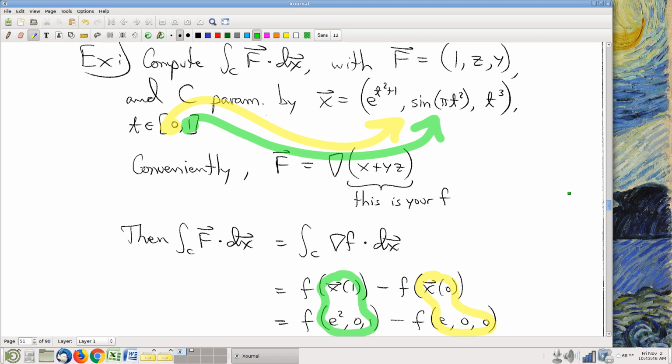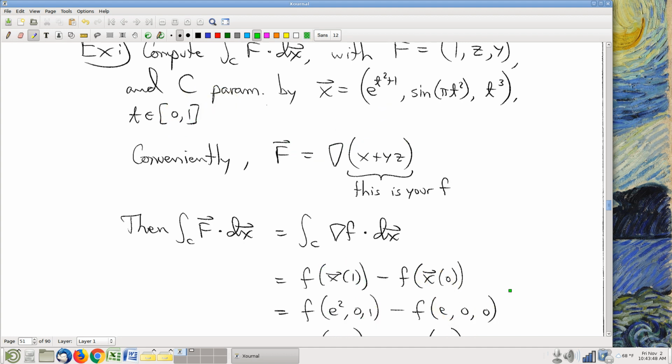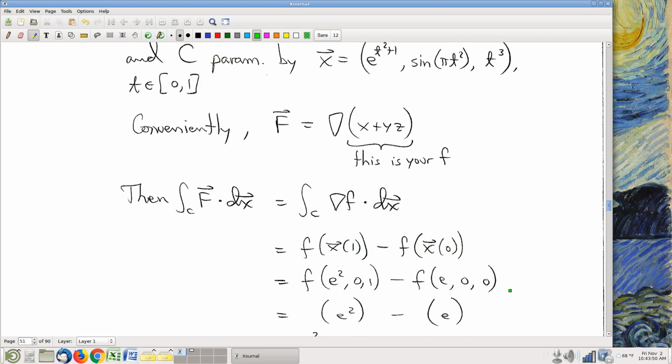Right? And plug these into your function, right? So this is your f. So these 2 points plug into your f, get these two values, and there's your answer.